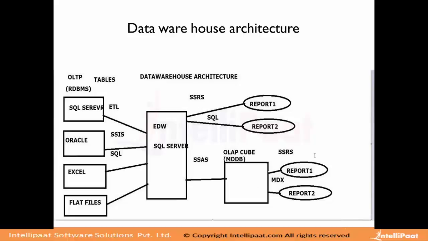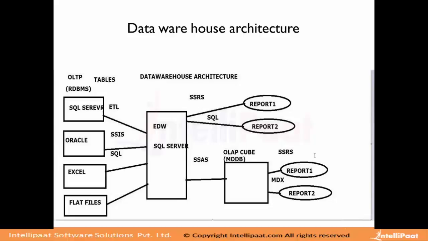Compared to table format, cube format has a big difference. It gives very high performance, and whenever you write queries, either 1 lakh or 2 lakh at a time, it retrieves the data within a fraction of a second. This is the major difference between cube format and table format.